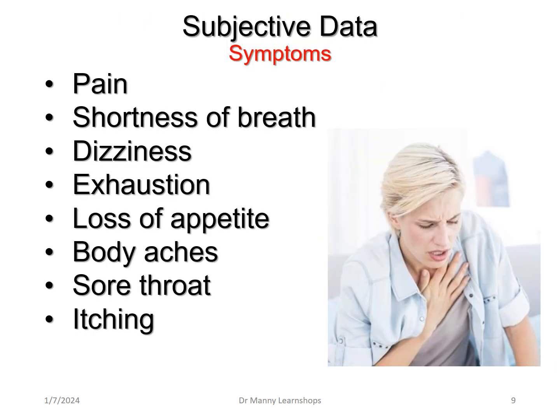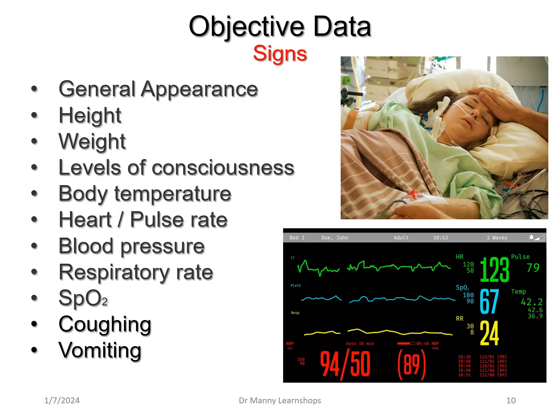Subjective data. What's subjective data? Well, subjective data is the patient's symptoms. This could be pain, shortness of breath, dizziness, exhaustion, loss of appetite, body aches, sore throat, itching. They're things that the patient complains about. Then you've got objective data.